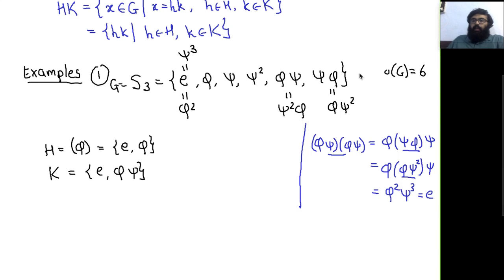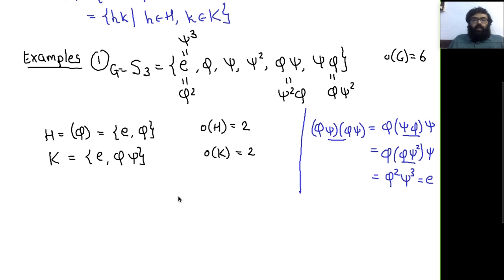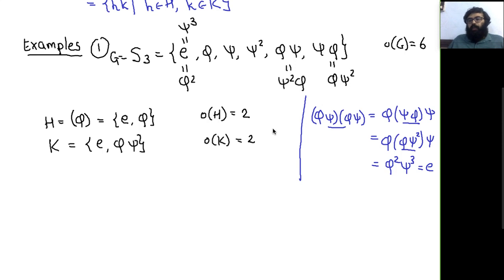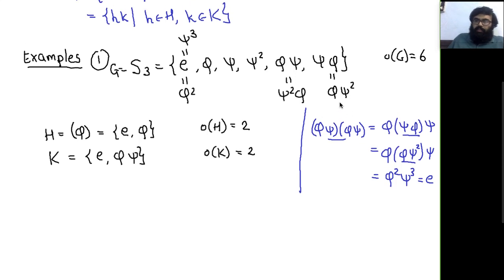So here what we observe is that the order of H is 2 and the order of K is also 2. So H has 2 elements, K has 2 elements, and our group G is S3, which has 6 elements. Now let us consider what HK is. The elements of H are multiplied from the left.